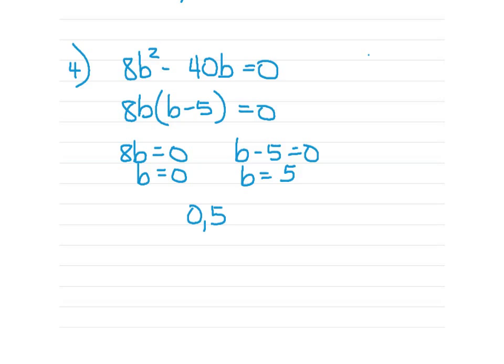Okay, last problem, number 5, that I'll do with you. X squared equals negative 10x. Hit pause, work that one out, and come back and check. The roots for this equation are 0 and negative 10.